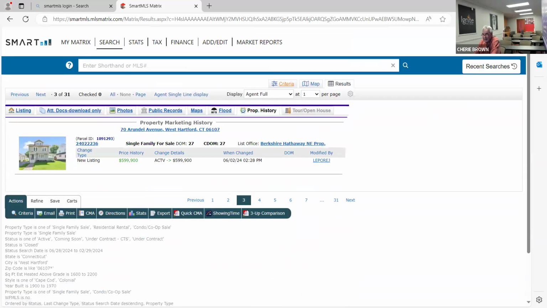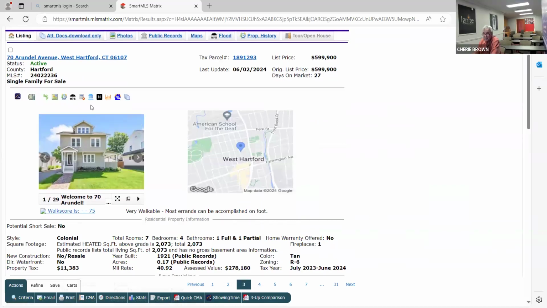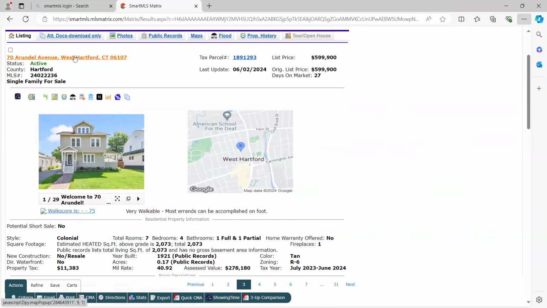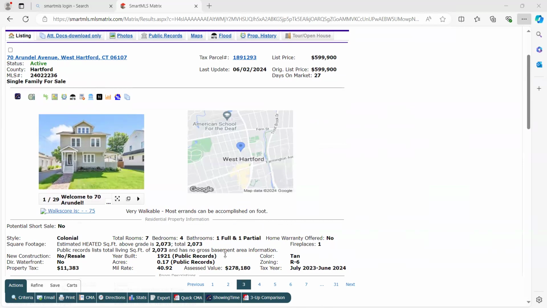This doesn't have any MLS history at any recent time, so it's a brand new listing. Arundel's going in the other direction, but it would be walking distance. It's close enough, it's right there. Our Walden's right over here.